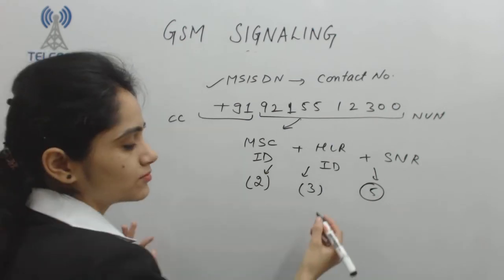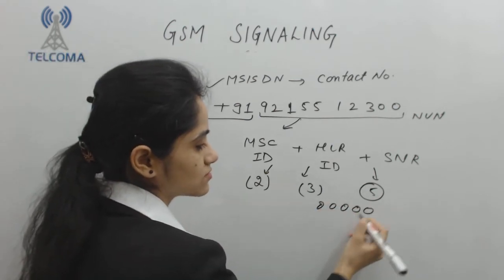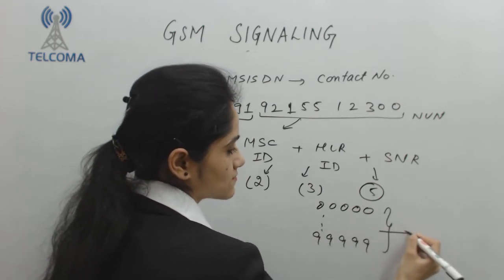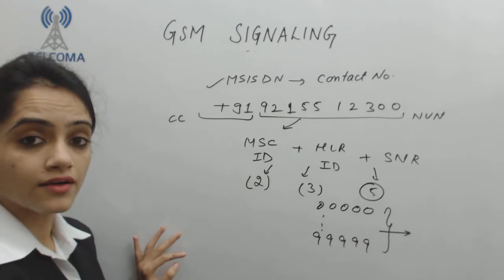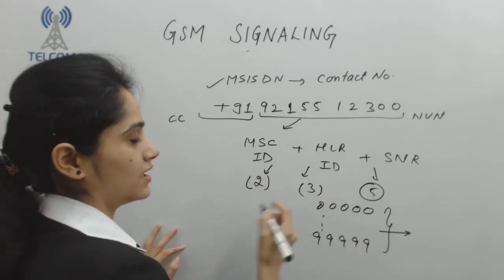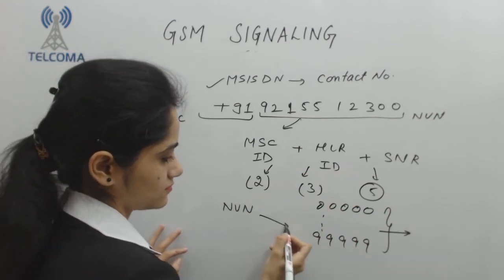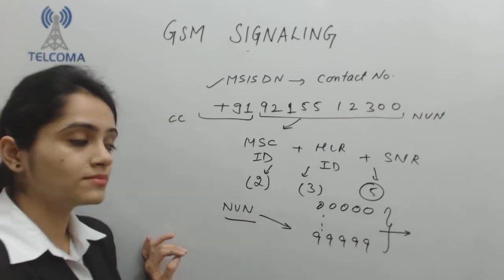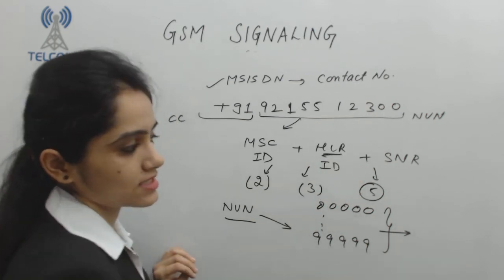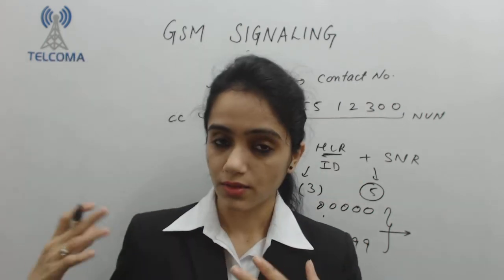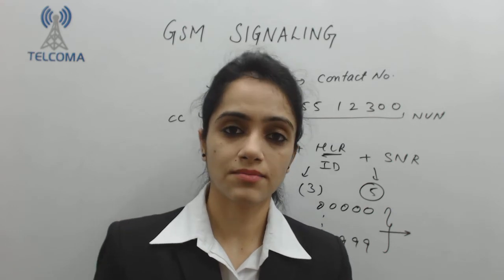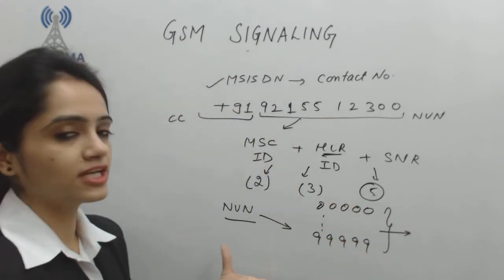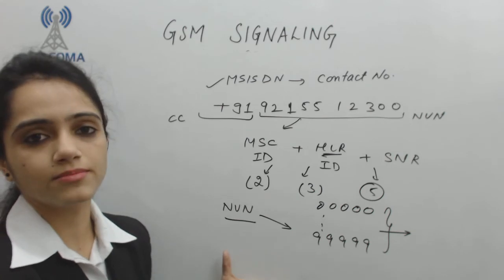If I make the permutation combination, I can have 00000 till 99999, so this many numbers we have in the NVN serial number. If I want more numbers, I can change the HLR, because HLR is also a location register. That means it is a database, it can store some values. It is storing these numbers, the permanent database according to the locations.